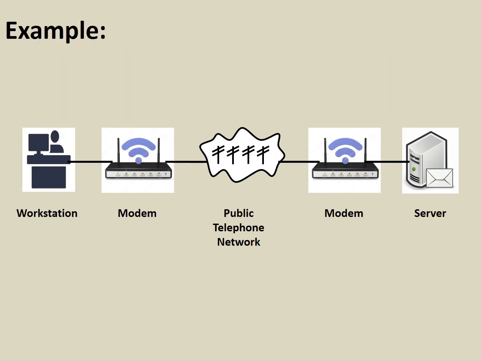This is an example of a digital communication system. The workstation is where we want to transmit our signal to our friend as an email. Suppose we generate the signal, means we type our message as a mail and give it to the modem.